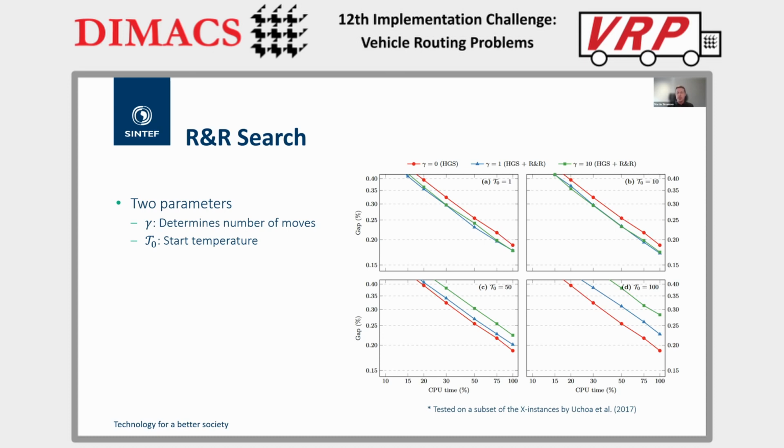Note that the original HGS is the same as setting gamma to 0. But on the other hand, if the starting temperature is higher, meaning that the probability of accepting worsening moves is higher, the method performs worse.